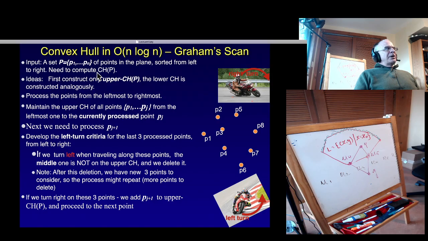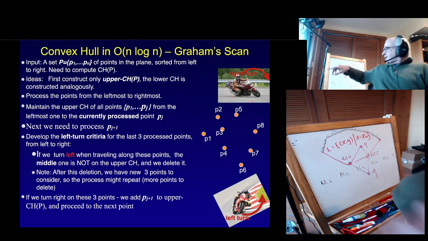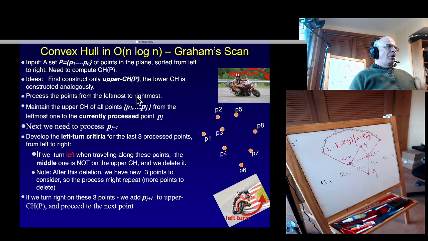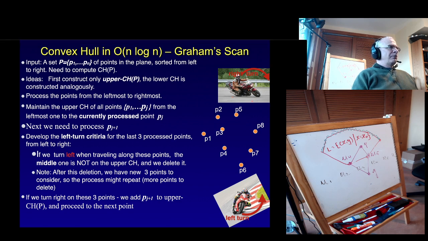My job right now is to compute the convex hull of the set, but I'll start by computing the upper convex hull, what we just saw in the previous slide. Only the ceiling of the convex hull is what I'll compute first, and then I'll run the algorithm again to compute the lower convex hull, the floor of the convex hull.